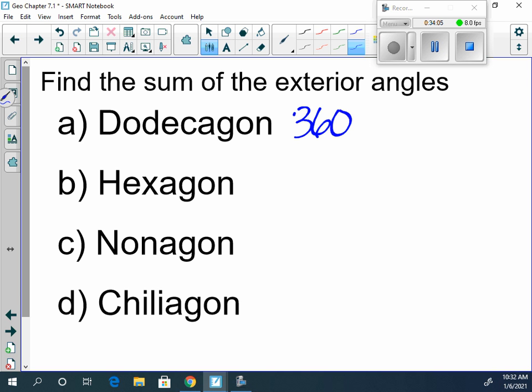How about a hexagon? How about a nonagon? How about a chiliagon? The sum of the exterior angles of a polygon is 360.